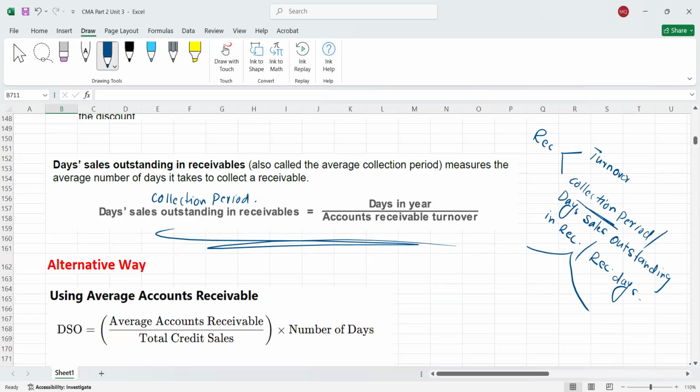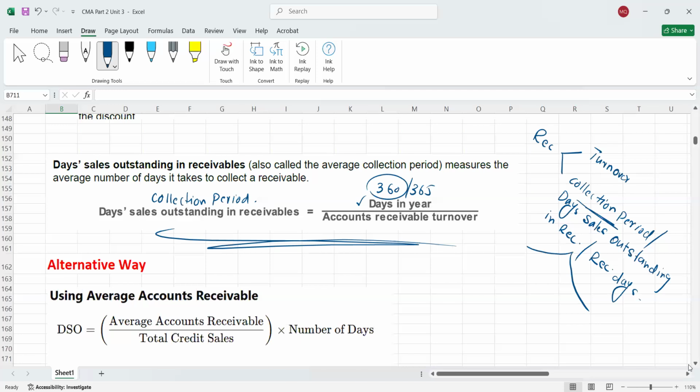You take days in a year. Generally in the exam they will tell you how many days are there in a year. It could be 360 or it could be 365. You have to check the question. Mostly in US exams they take 360, but if they tell you days in a year are 365, use 365, otherwise use 360.